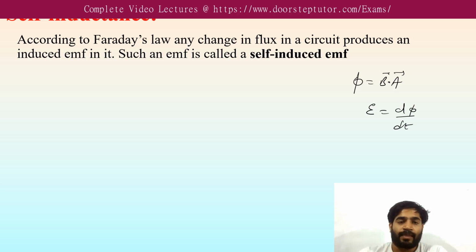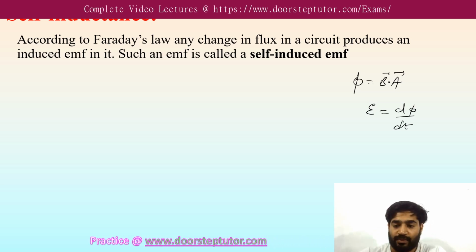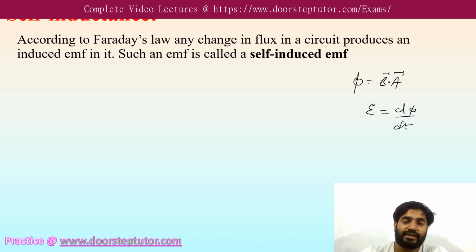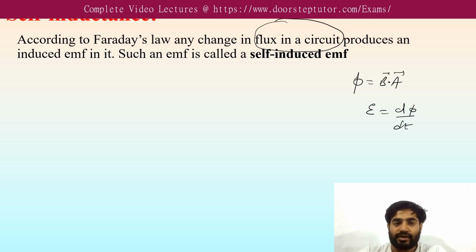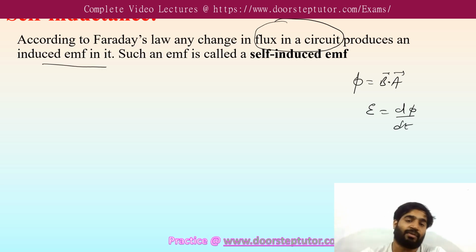Now, what Faraday says regarding self-inductance is that whenever there is any change in the flux in the circuit, it produces an induced EMF. The important thing is that the flux change is in the circuit itself, and that produces the induced EMF.